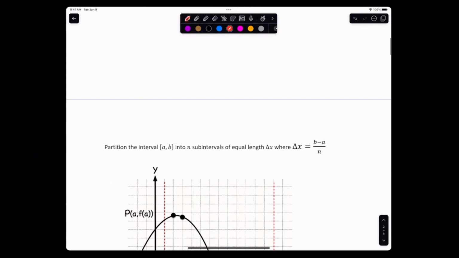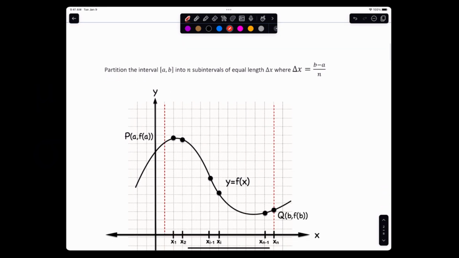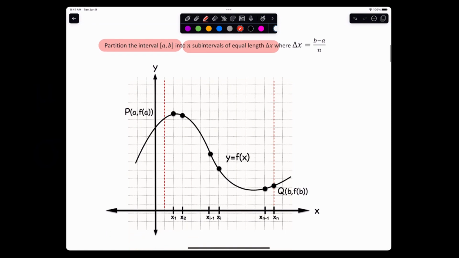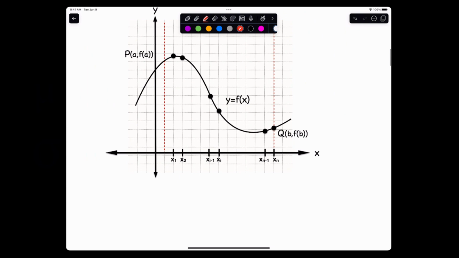Now, here's what we're going to have to do. Here's the first step in your process always. You're going to partition your interval, AB, into what we call n subintervals of equal length, delta x. Okay? So you might say, what are they talking about here? Well, in the picture, here's the interval from A to B. There should be an x naught here.